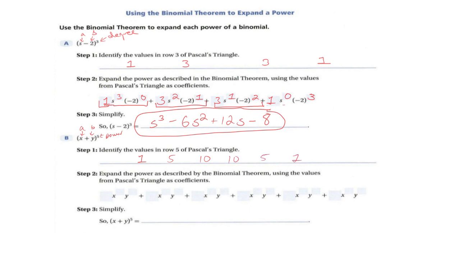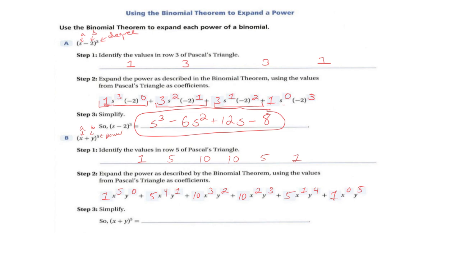So we can fill in step 2, the 1, the 5, the 10, the 10, the 5, and the 1. We can also fill in our x term, right? It starts with 5, goes to 4, goes to 3, goes to 2, goes to 1, goes to 0. And our y term starts with 0, 1, 2, 3, 4, 5.